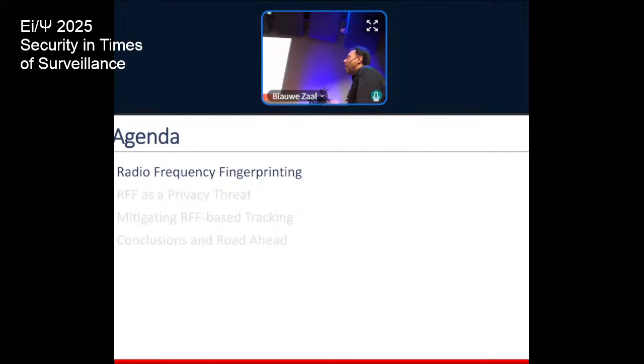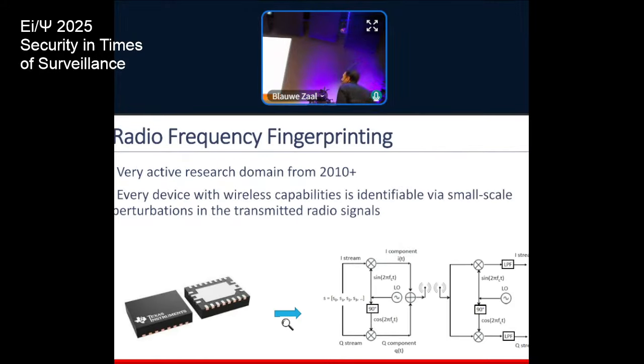In particular, I start from the very basics, radio frequency fingerprinting. That's a research domain that was born around the 90s, 95 of the previous century, but it boomed starting from approximately 2010, when it became clear that it could be used, especially with respect to constrained devices.